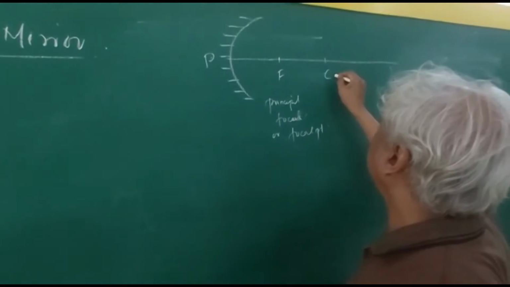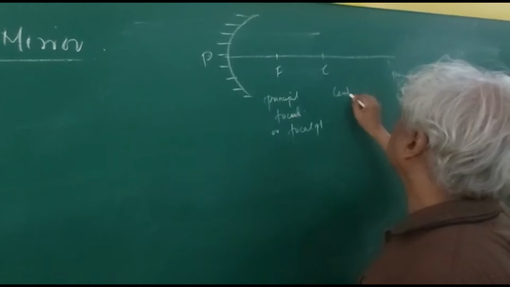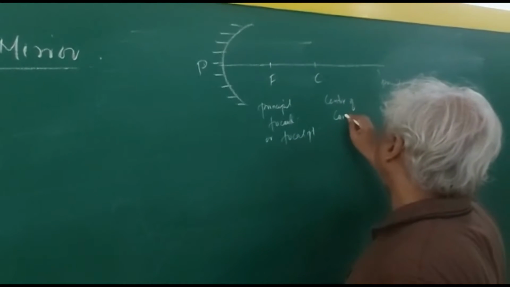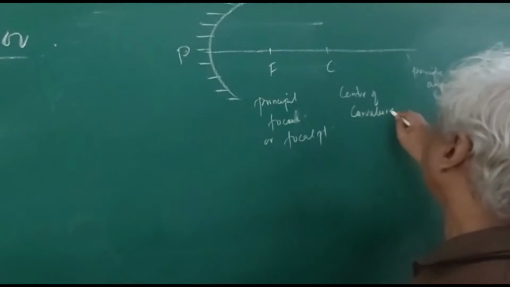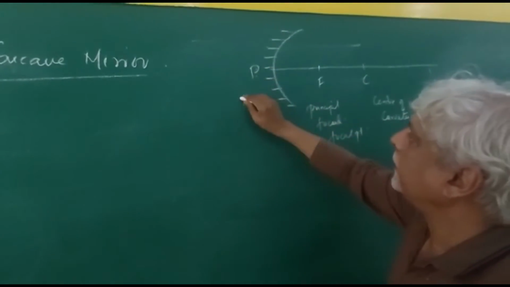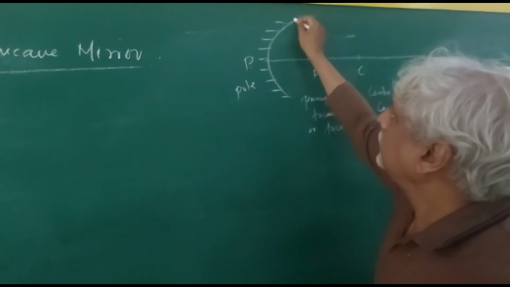We have the center of curvature. Right, so P is the pole of the concave mirror.